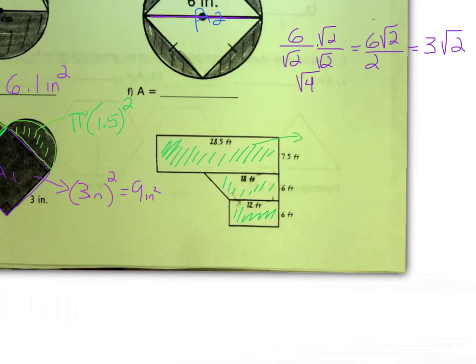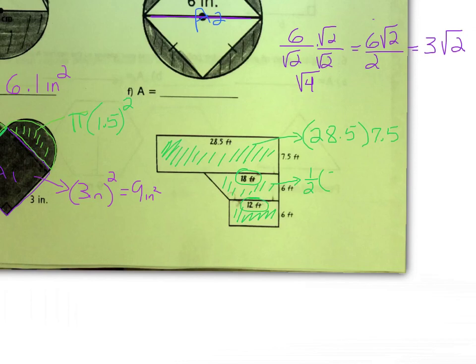So for the first one, it's 28.5. Is that a rectangle? I hope it is, right? So it's just 28.5 times 7.5. The second one is a trapezoid. So it's 1/2 base 1 plus base 2, so it's 18 plus 12, is that 30?